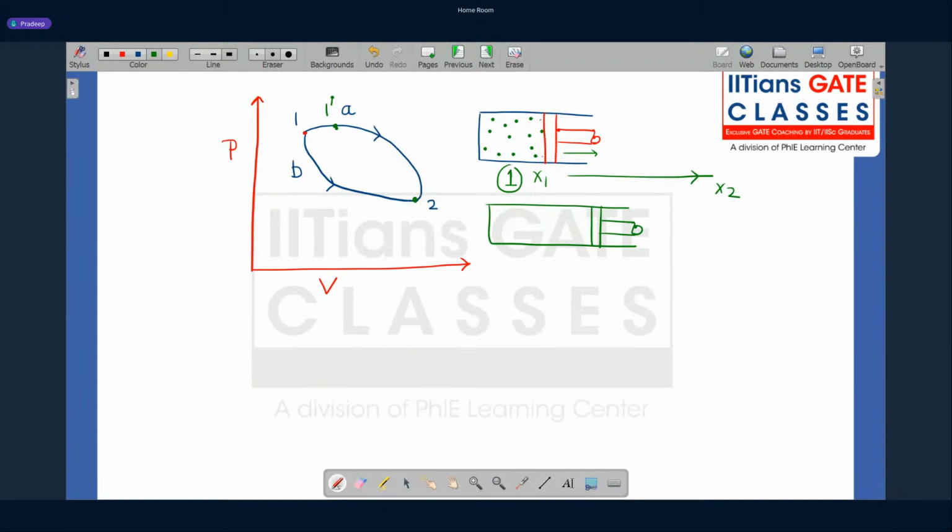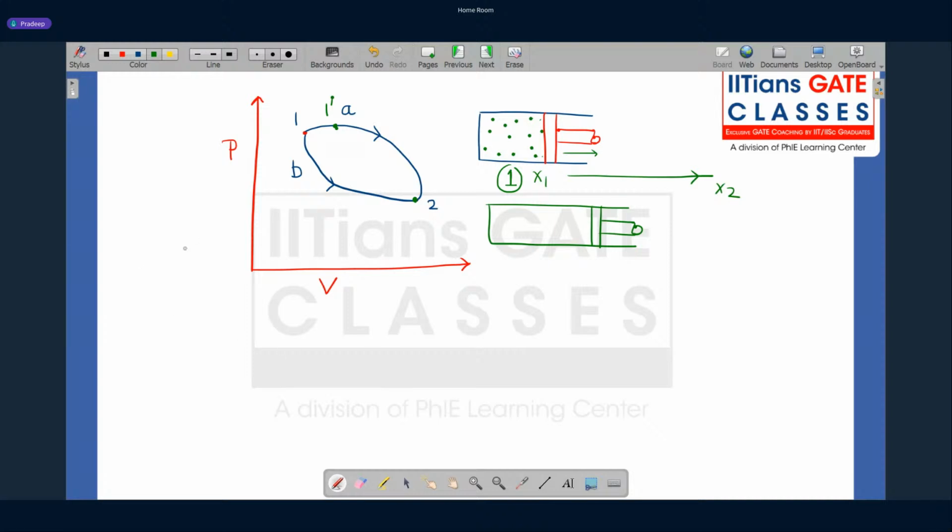So if we question ourselves, let us say from 1 to 2 if I go by path A, and from 1 to 2 if I go by path B, and if I calculate the work transfer, will I get the same work transfer or different work transfer for both processes? Is my work transfer dependent on the process path, or is it dependent only on the end states?